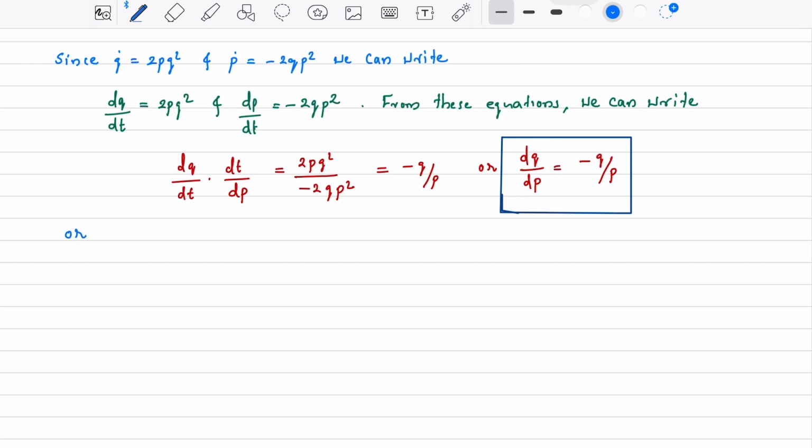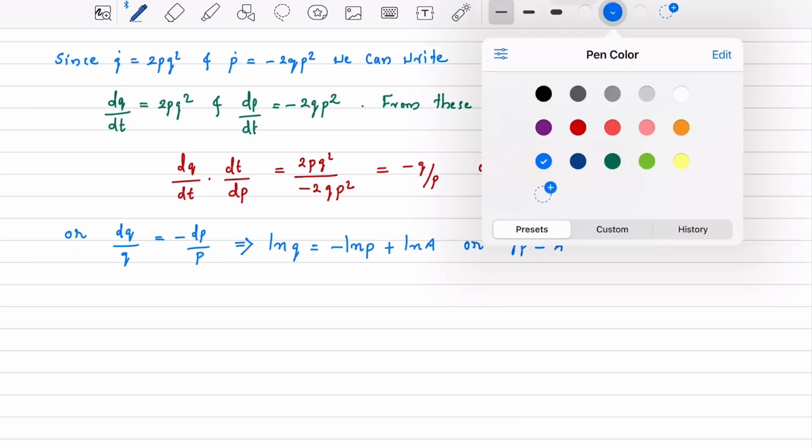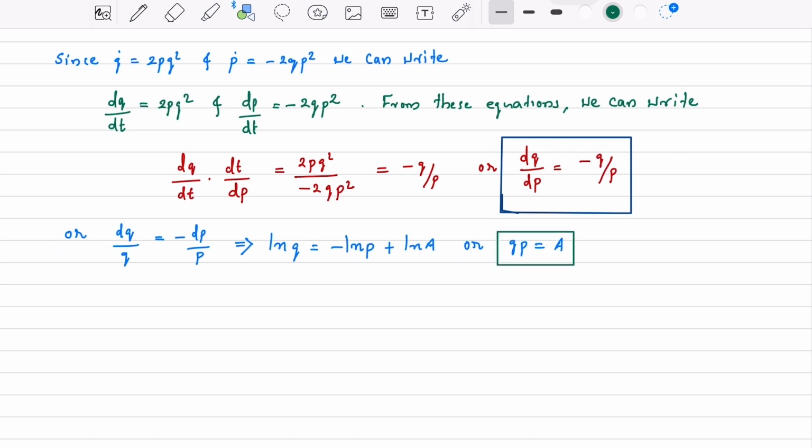From this equation we can write dq by q equal to minus dp by p, and on integrating we have log q equal to minus log p plus a constant, let it be log a, or we can write it as log qp equal to log a, or qp is equal to a. This is our first relation.